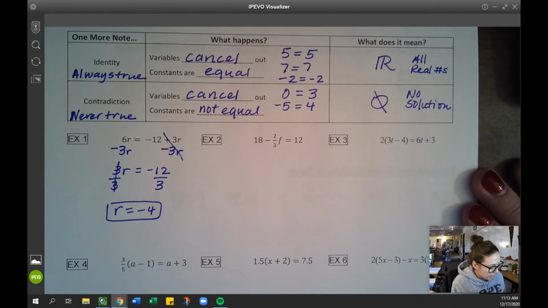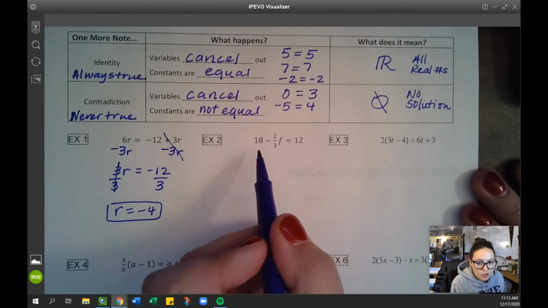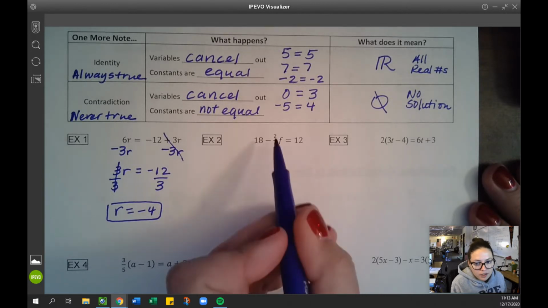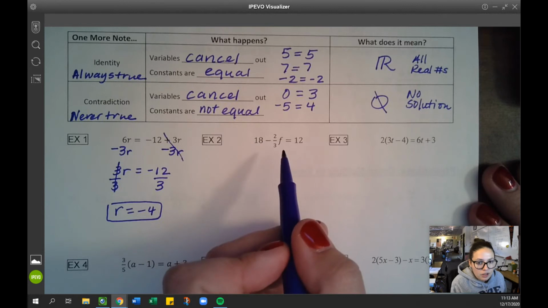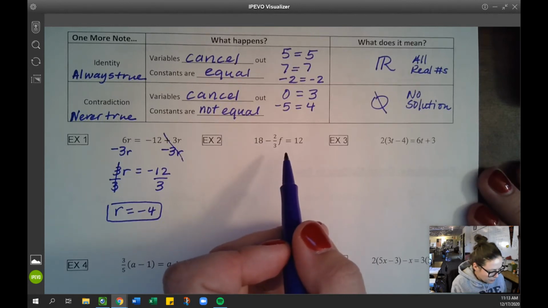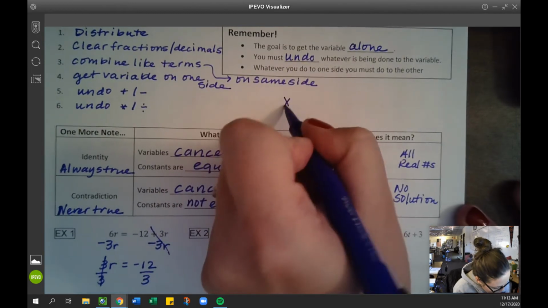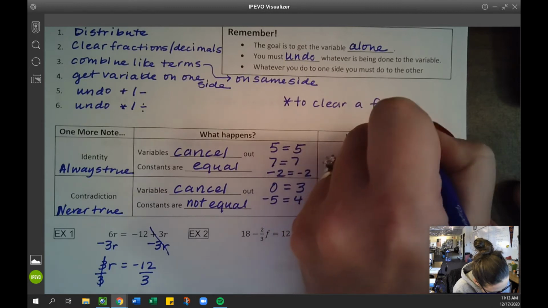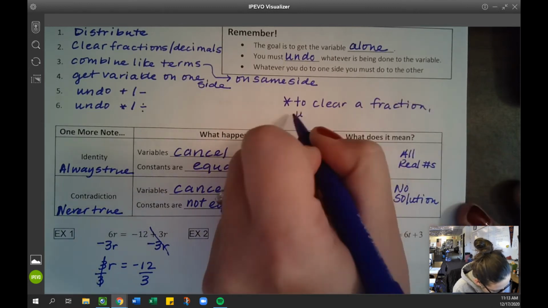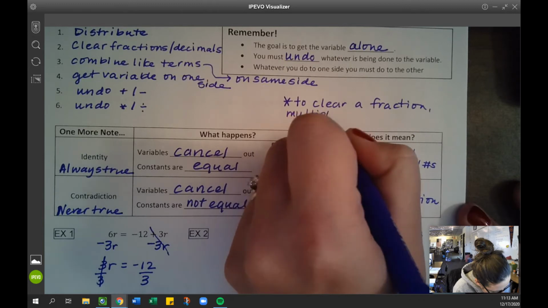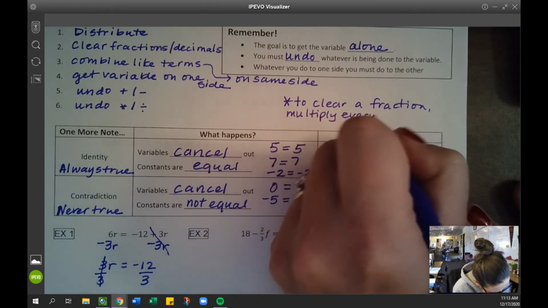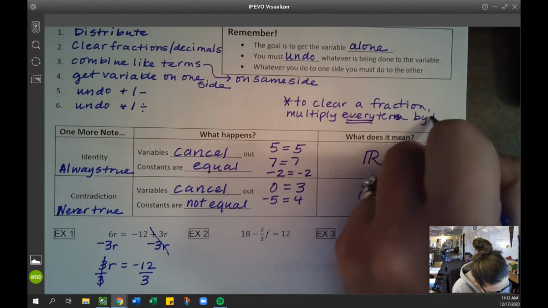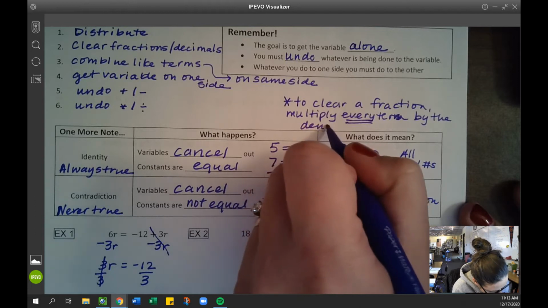Okay, example 2. No distributing. We do have a fraction. So how do I get rid of this fraction? Well, the way that you get rid of a fraction, so to clear a fraction, multiply every term by the denominator.